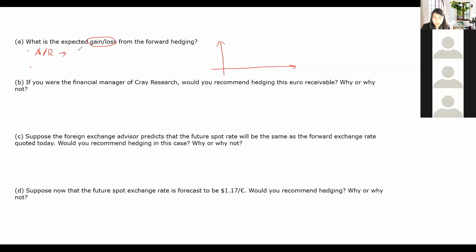Here I expect to receive the euro in the future, so this is a long underlying position. To hedge this position, I want to take a short forward contract on 10 million euro.